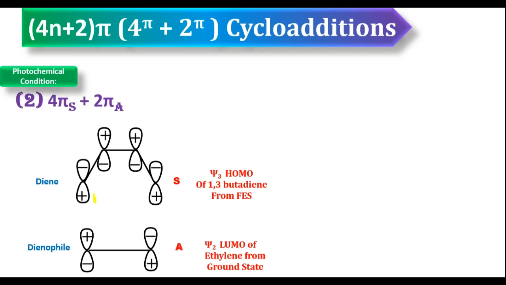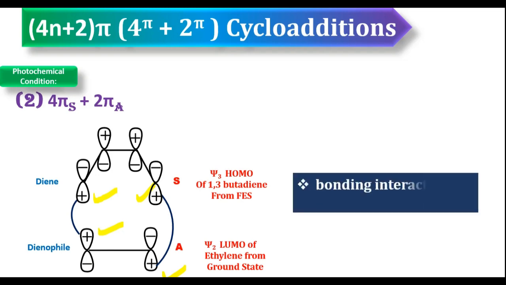So that's why I am selecting the bottom side lobes here, and opposite side lobes there. Now connect these two and connect these two. Yes, check the interaction: plus bonding interaction, plus bonding interaction. So supra antra gives bonding interaction, and bonding interaction is always allowed.